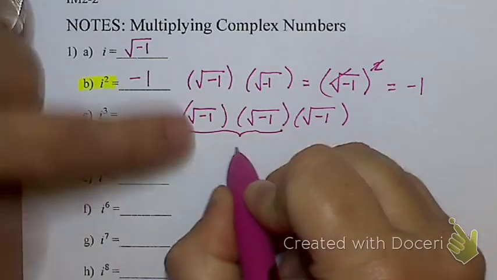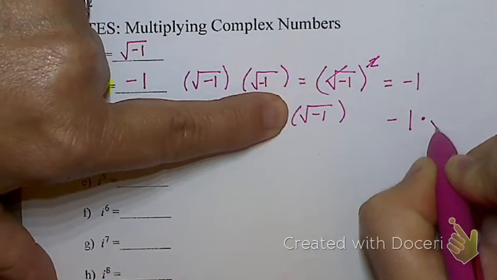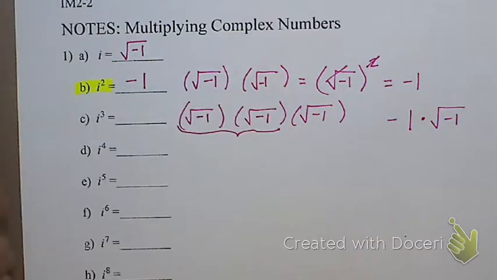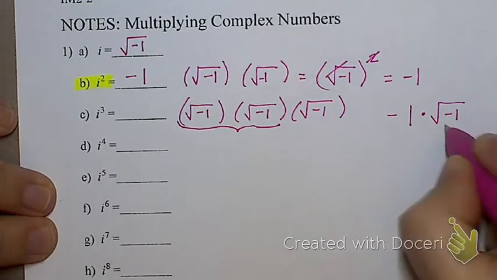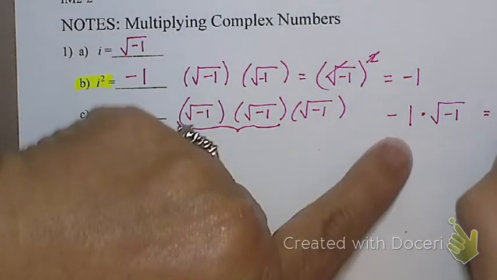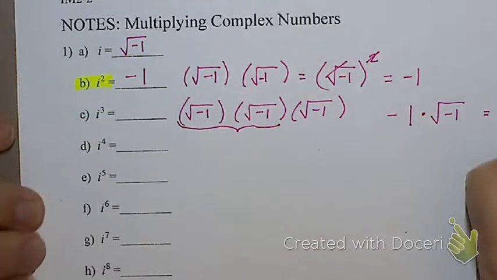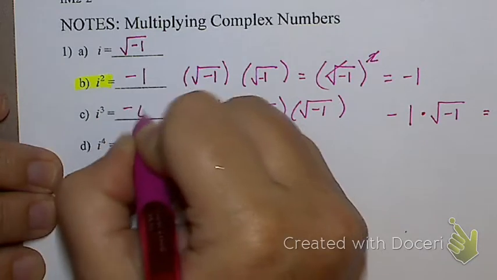So this is really -1 times the square root of -1, right? And what's the square root of -1? So don't I have -1 times i, which ends up being -i.